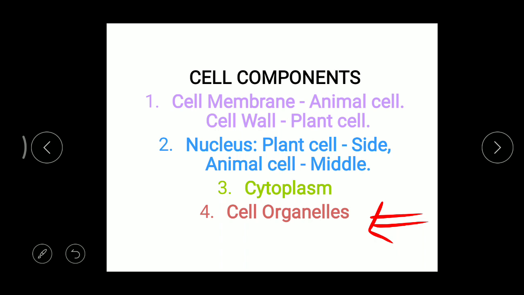But for your idea, I give you some examples: nucleus, ribosomes, lysosomes, Golgi complex, endoplasmic reticulum, cytoskeleton. Like this, we can find many parts, and each cell organelle has a particular function, and because of them, the cells are able to carry out different types of functions, right?